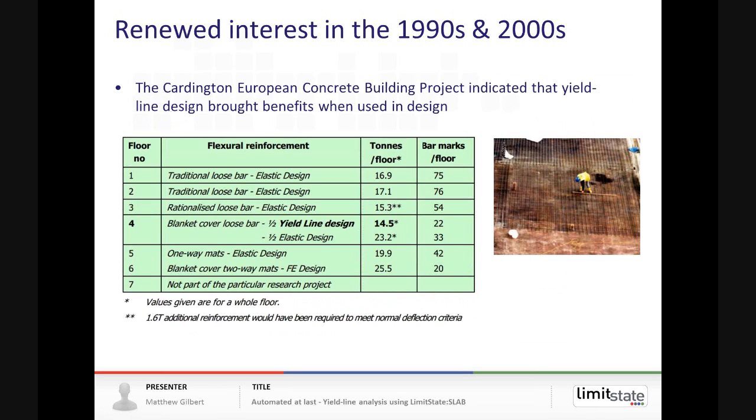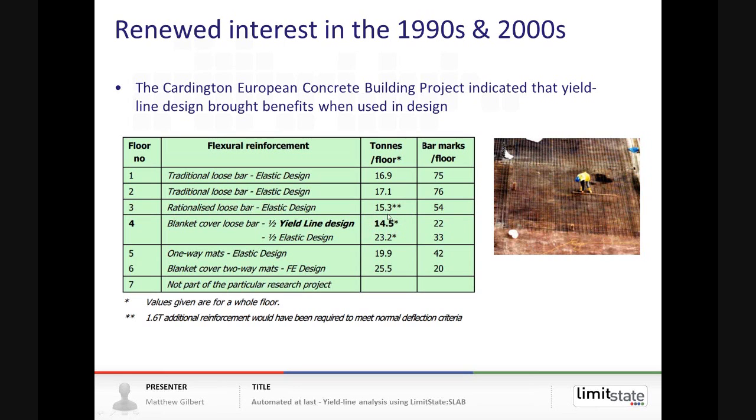At a similar time, there was interest from the design side as well. A large scale building model was constructed in the airship hangar at Cardington, and one of the objectives was to evaluate different methods of designing concrete slabs, either using elastic methods or using yield line methods. And what they found was that when yield line design was used, they ended up with relatively low amounts of reinforcement in terms of weight.